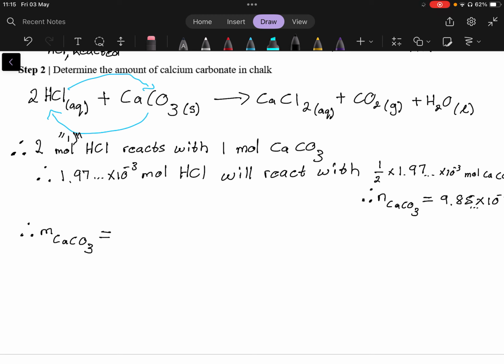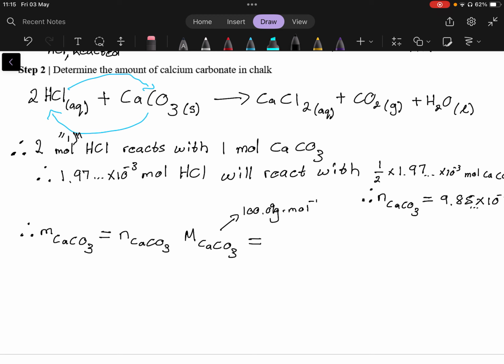the molar mass is gram per mole. So in other words, we want to get rid of the moles. So we say the number of moles of calcium carbonate multiplied by the molar mass of calcium carbonate is equal to, the molar mass of calcium carbonate is 100.09 gram per mole.